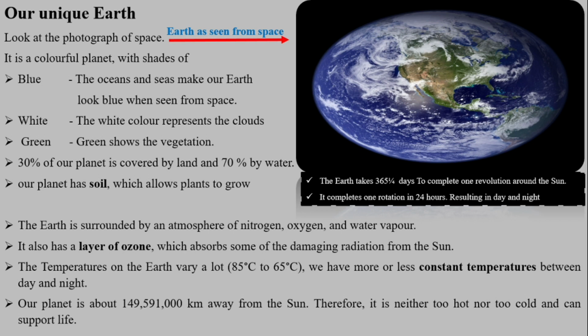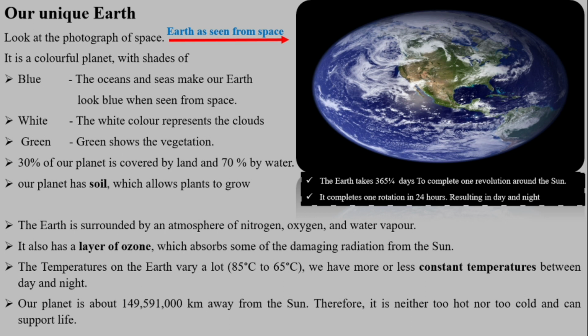You can see blue all over our Earth, and overall you'll see a presence of white, which represents a lot of clouds. You can see green color too. Green shows the vegetation, the plants grown on our Earth.